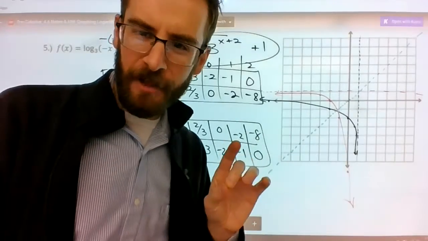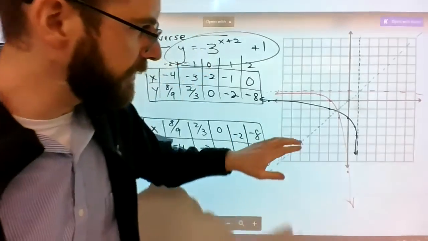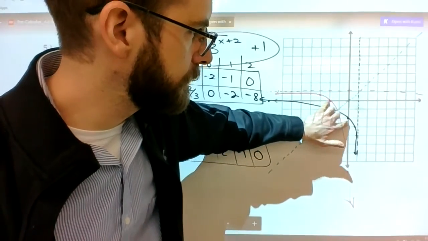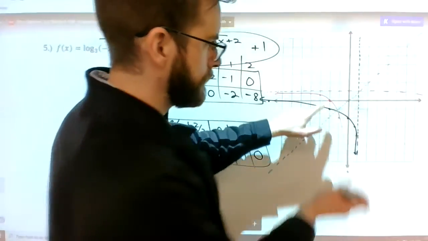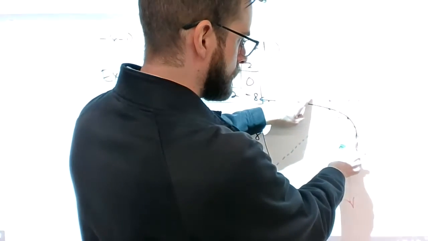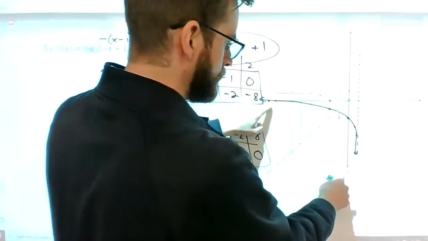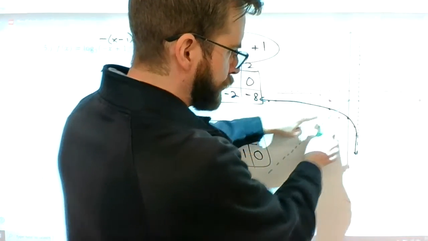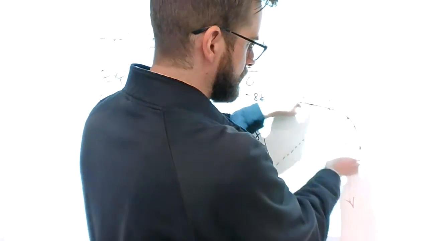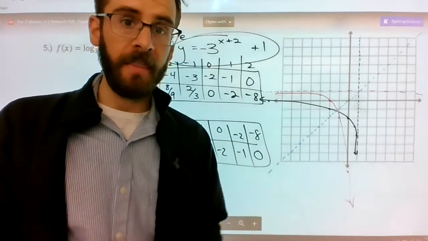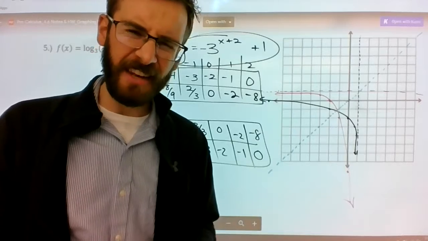Now can you guys see how the points partner with one another? They're all equidistant to that green line from one another.